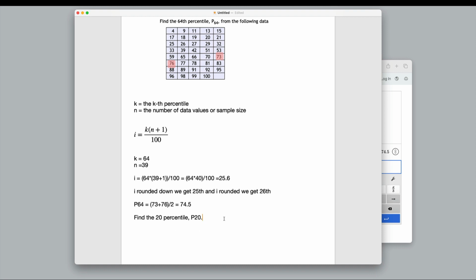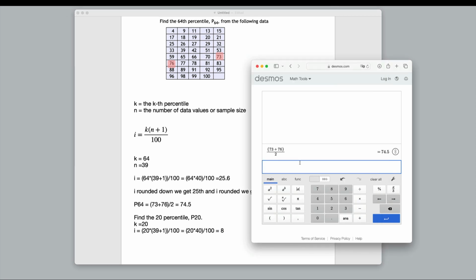The only difference here is that k is 20 versus 64, so we have to calculate i again. i would be 20 times (39 plus 1), divided by 100. So we get 20 times 40 and then divide by 100. You can see that we're going to get a nice whole number of 8.